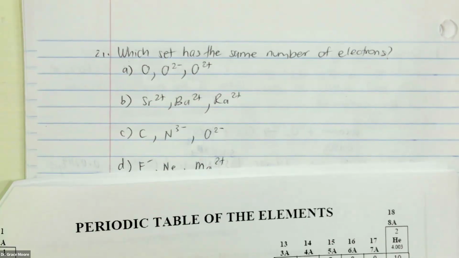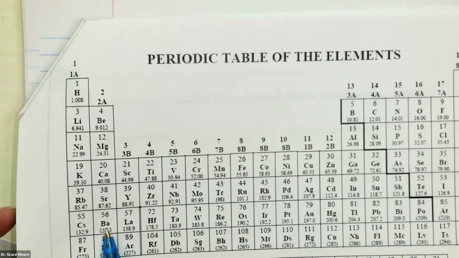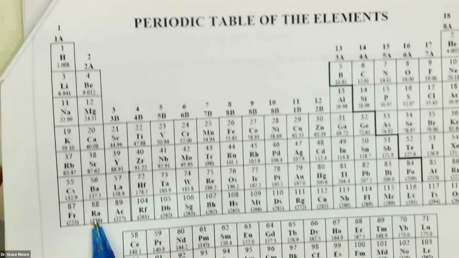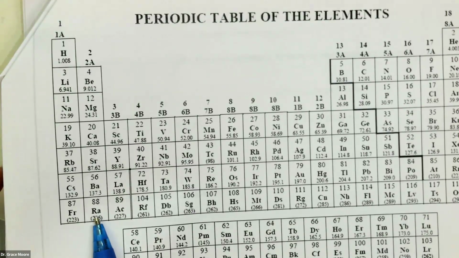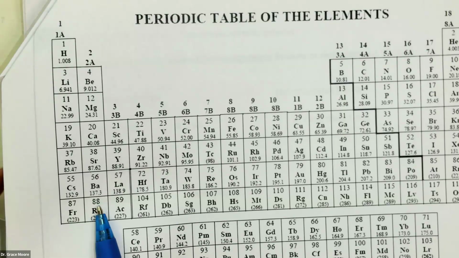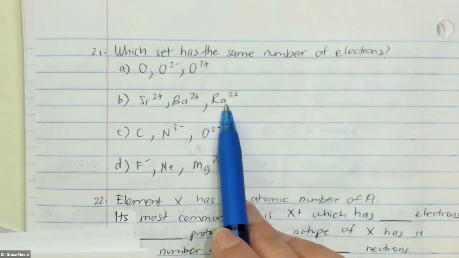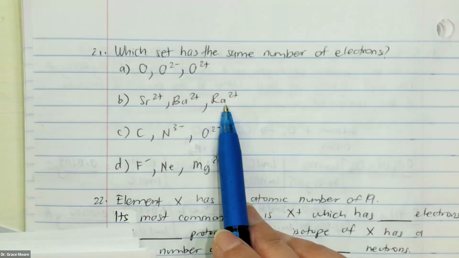Okay, so one has 36. Ba2 plus is 56 minus 2, which is 54. Not the same. And then radon, you have 88, and then you minus 2. So everyone's different. So that's not the same protons, not the same electrons. They're all different. What's the same is they're all in the same group 2.